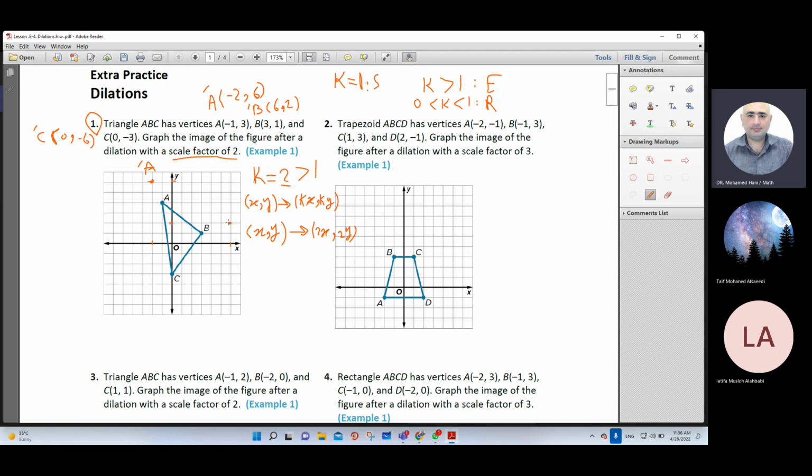So B prime will be here. And C prime, (0, -6): negative 1, negative 2, negative 3, negative 4, negative 5, negative 6. So this is C prime. Now we can match between the vertices.